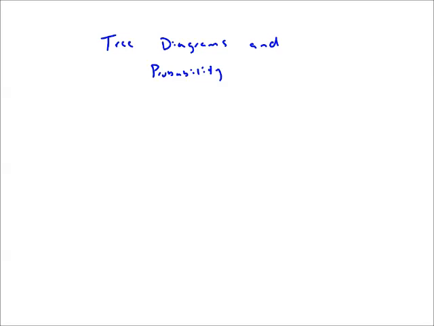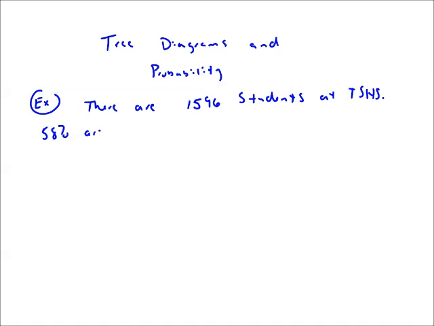In probability today, let's take a look at a situation. There are 1,596 students at Tarpon Springs High School. 58% are female. 22% of male students take an AP course.